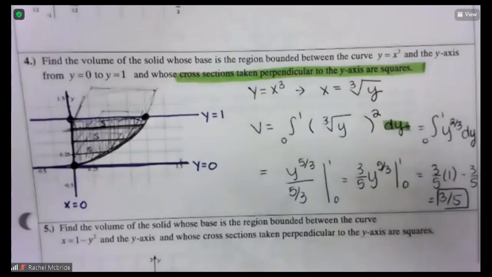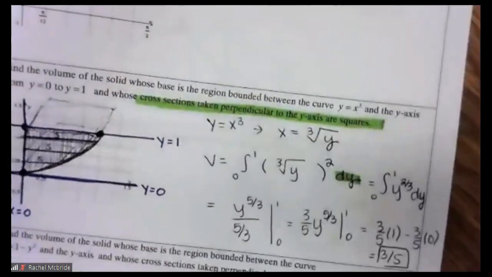So let's go back. We'll do one more from this packet with respect to y. Let me see if I have one that doesn't have a big weird square on top of it. Number 5 is my last dy example.